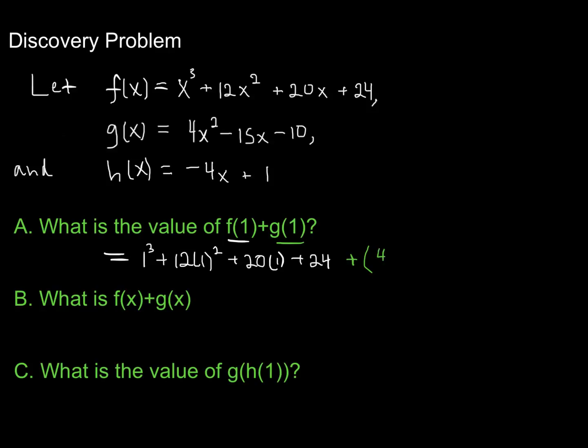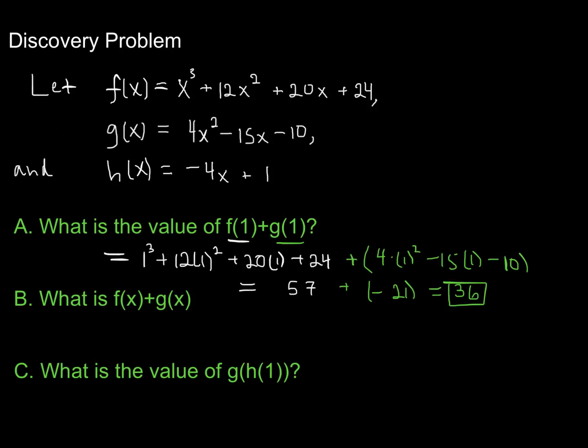And it will be 4 times 1 squared minus 15 times 1 minus 10. So what will this all equal? Well, I can simply go ahead and evaluate this expression. After evaluating both of these expressions and adding them together, I'm going to end up with 36. So that's the value of f of 1 plus g of 1.